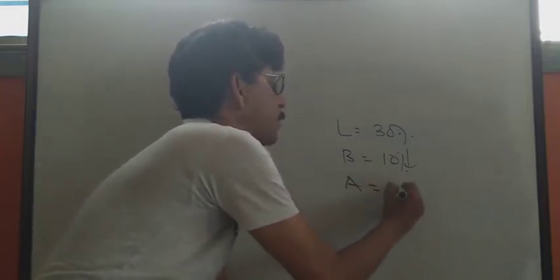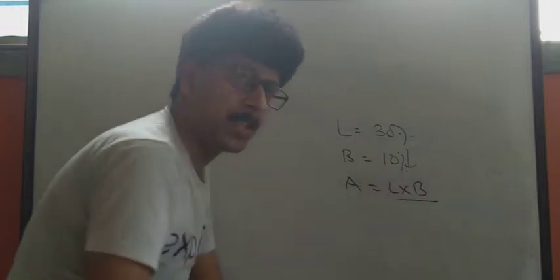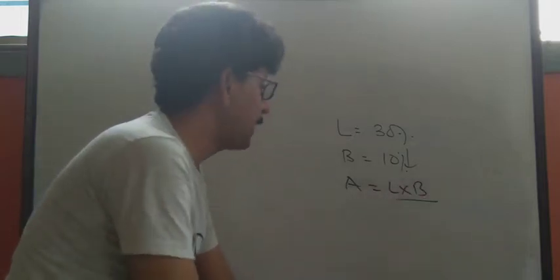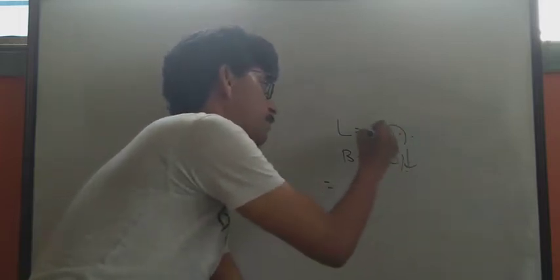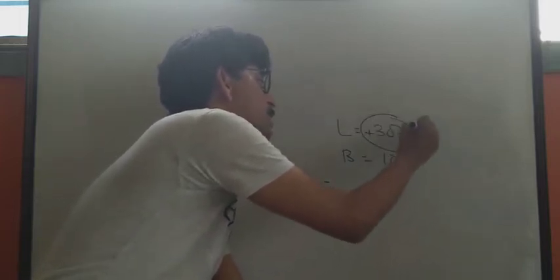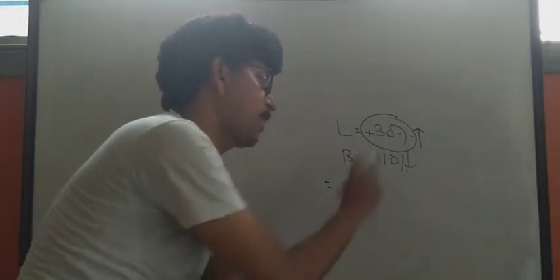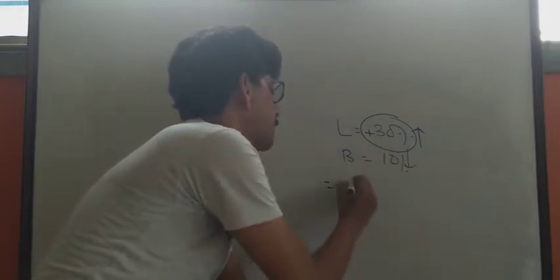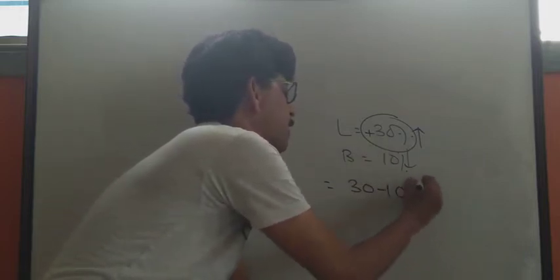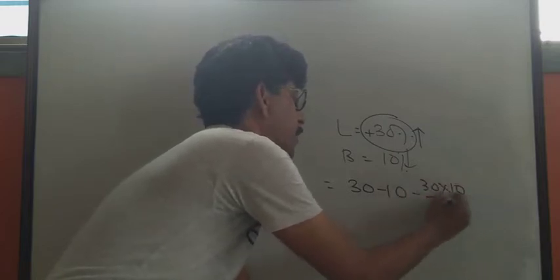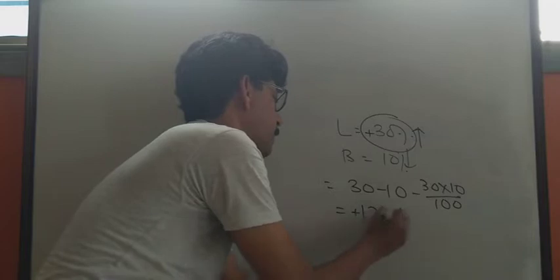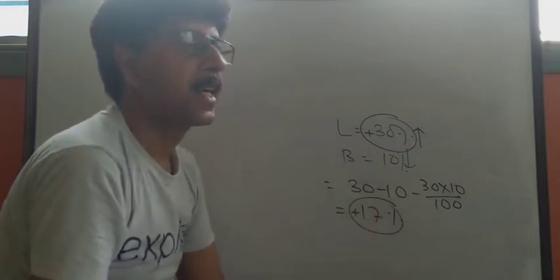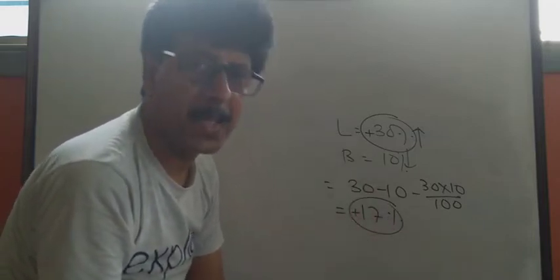Area is length into breadth, so that's again a multiplication product. In that case, the AB rule will come into play. Increased means plus and decreased means minus. So 30 minus 10 minus 30 into 10 by 100, and this is equal to plus 17%. It means the area will increase ultimately by 17%.